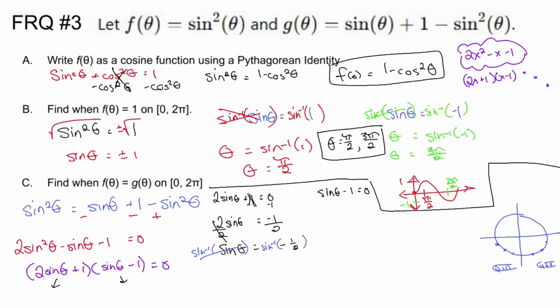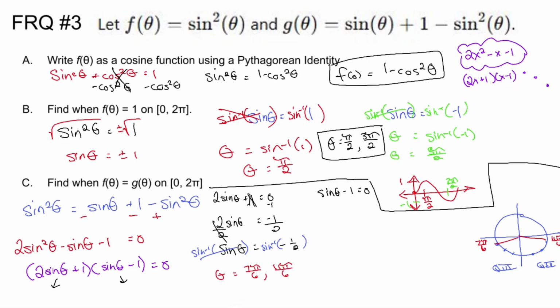Negative 1/2 is, for a y value, the dot closest to the x-axis, so these two. That gives me 7 pi over 6 and 11 pi over 6. So theta in this case is going to be 7 pi over 6 and 11 pi over 6.